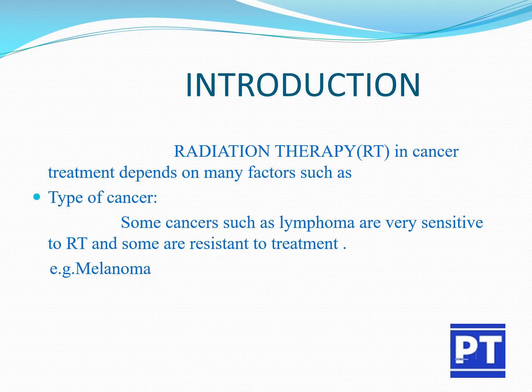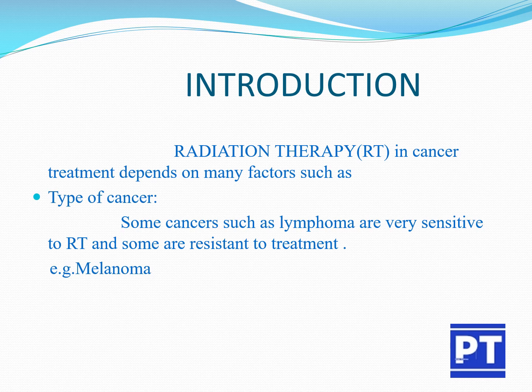So again we are moving on to the introduction. Radiation therapy, RT, in cancer treatment. So from the first slide, you understood that we are giving radiation as a treatment. We are giving this radiation as a treatment to cancer patients, and it depends upon many factors such as the type of cancer.